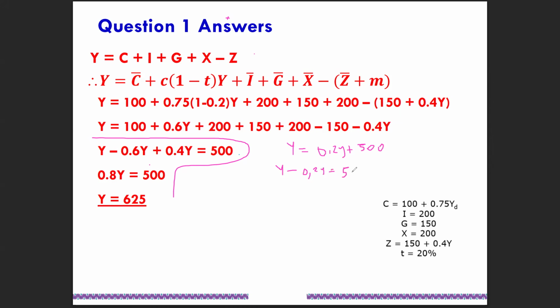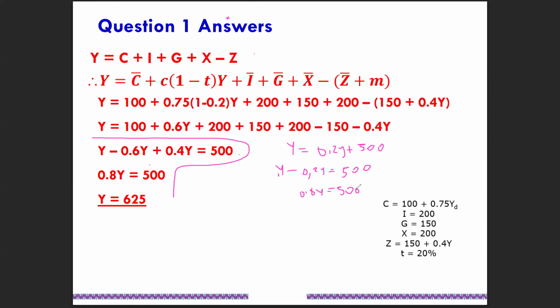500. And then remember here we have an invisible one. So if you say 1 minus 0.2, you're going to get 0.8. So it's going to be 0.8Y equals to 500.